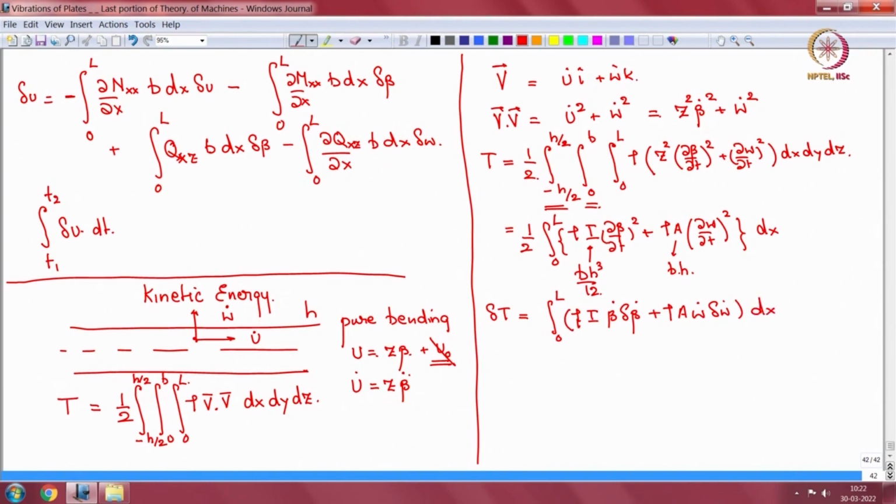Now we have to do the combination. The law says integral t1 to t2 delta of t minus u dt must be equal to 0.